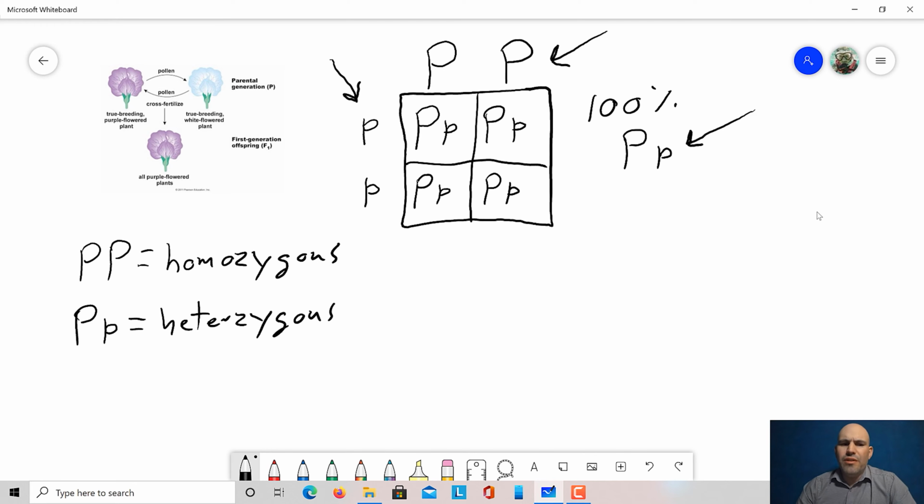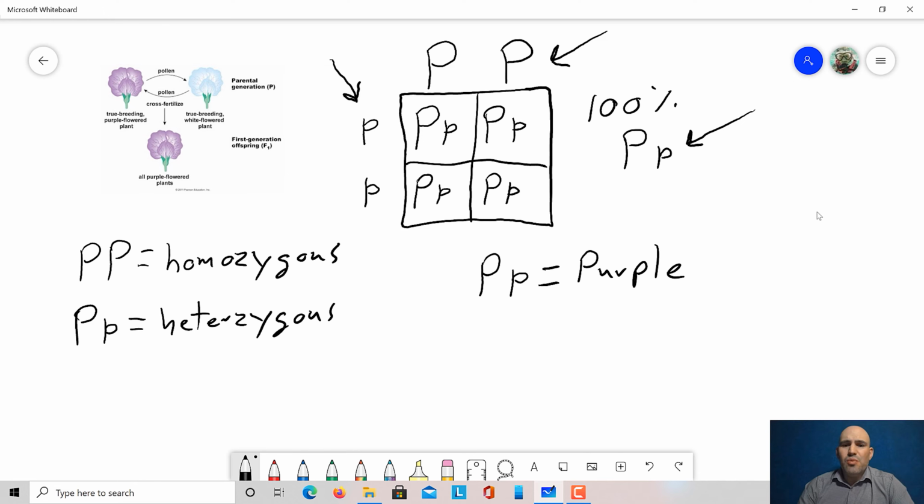Now, what Father Mendel taught us was that whenever you have a dominant and a recessive trait together, the dominant trait is going to be the one expressed. It's going to be the one that shows up. And so if 100% of the offspring of these plants are heterozygous, even though they have a purple and a white allele, this is going to come out purple, because the whole purpose of the dominant recessive is that the dominant is the one that shows up.